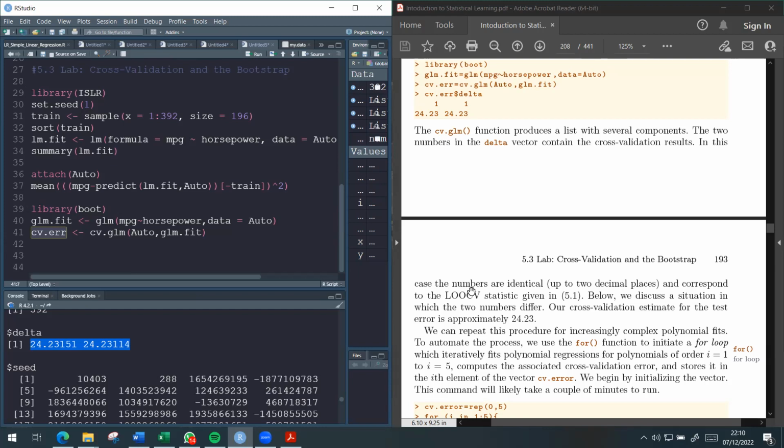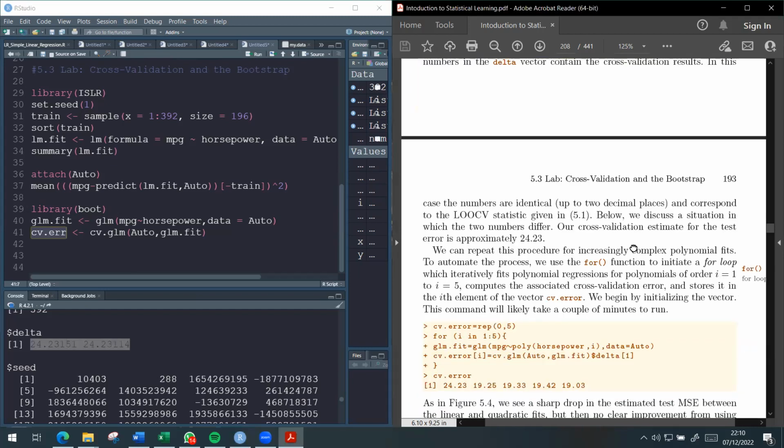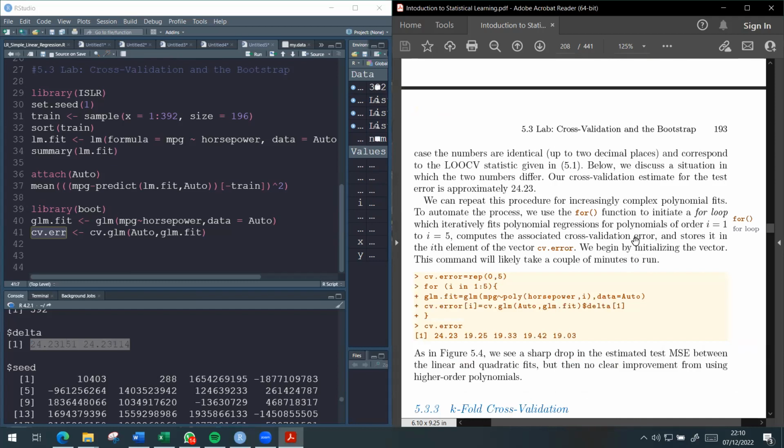In this case, the numbers are identical up to 2 decimal places and correspond to the leave one out statistic given in 5.1. Below we discuss a situation in which the two numbers differ. What are these two numbers? Our cross-validation estimate for the test error is approximately 24.23.